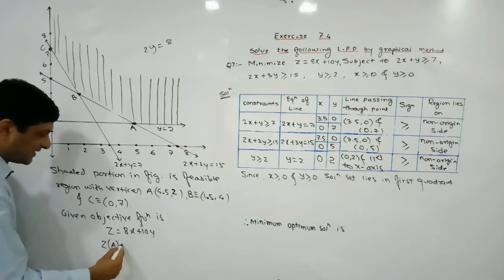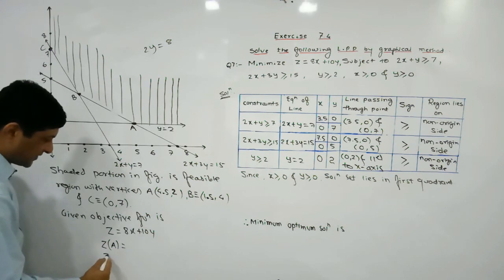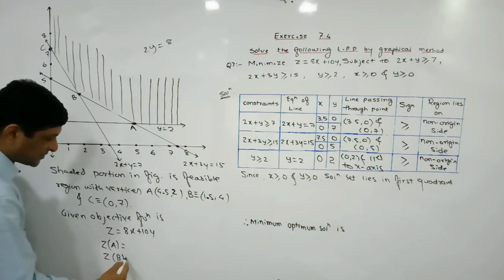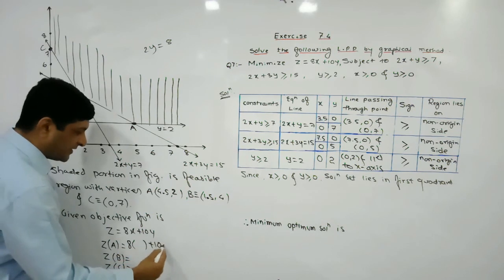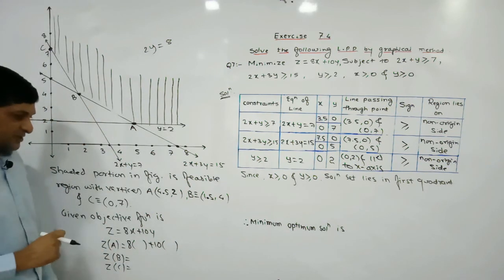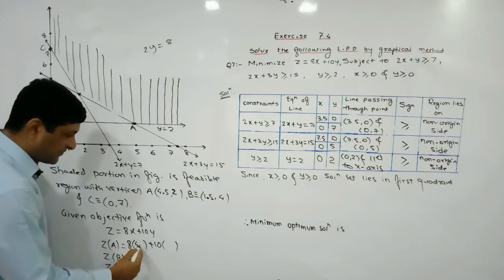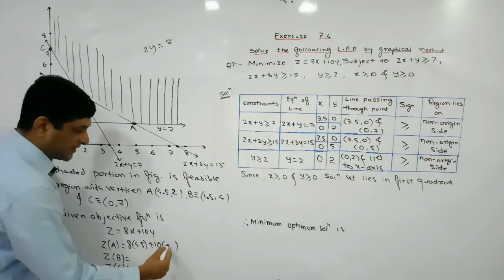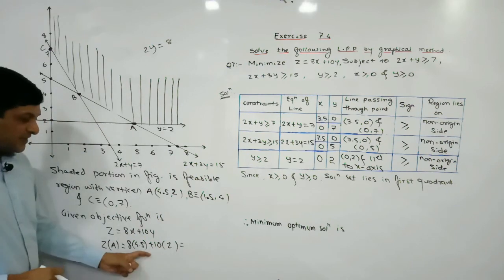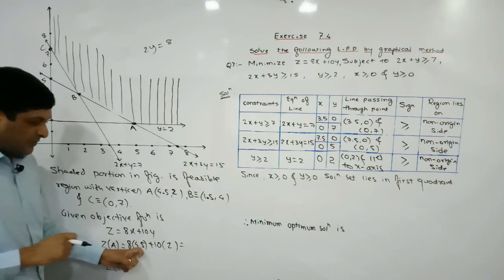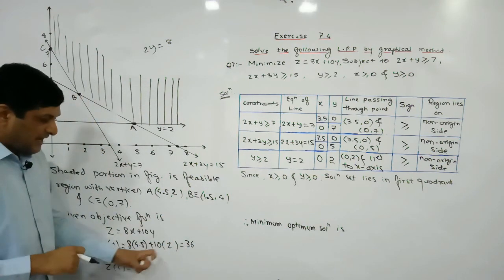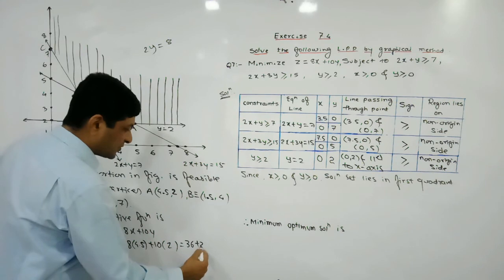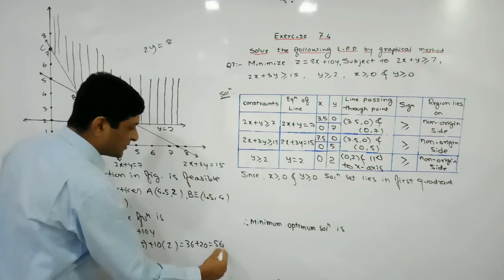First vertex is A, then find the value at vertex B, and lastly find the value at vertex C. So substitute the coordinates of point A in this objective function. The x coordinate is 4.5 and the y coordinate is 2. Let us simplify it. 45 times 8 is 360, but the decimal point is before one digit, so we get 36, and 10 times 2 is 20. So 20 plus 36 will be equal to 56.